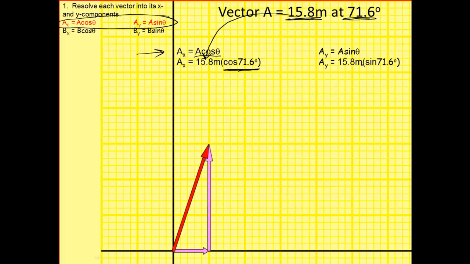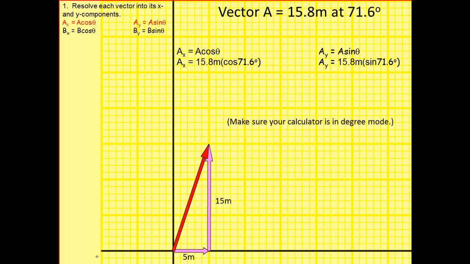We do the same thing for the vertical component. So that's the vertical. Here's the horizontal. For the vertical component, what's different, you'll notice, is we're using sine versus cosine. So we plug those in our calculators, and we want to make sure our calculator is in degree mode.